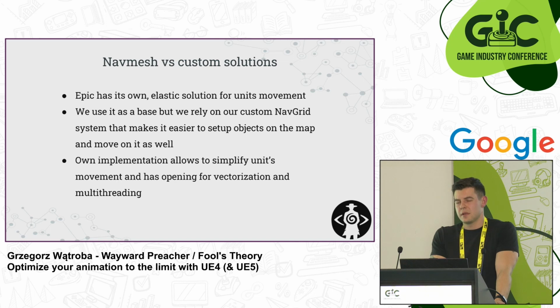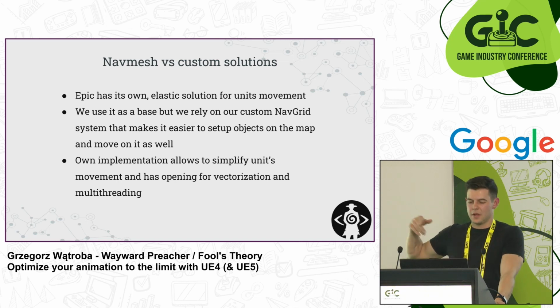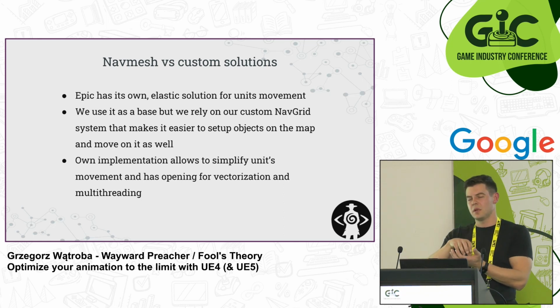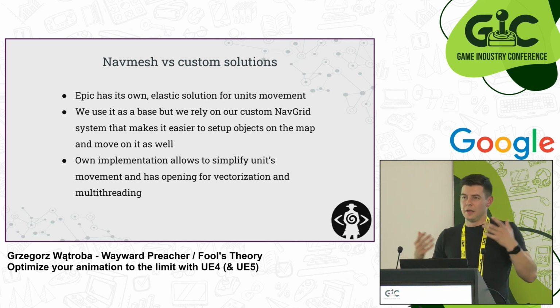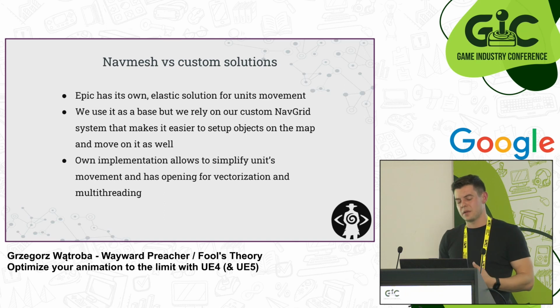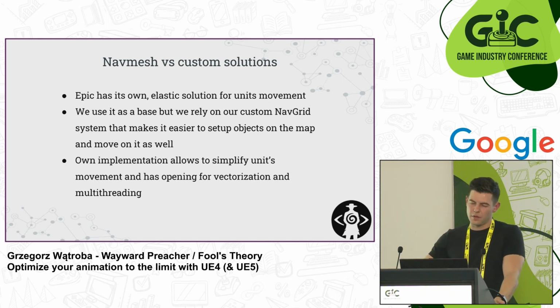And since it's a grid, we can also simplify it to a simple table that can be utilized in the A-star algorithm to get, for example, multi-threaded optimizations or GPU optimizations. So using this grid, although it has some calculation overhead, actually makes life easier both for designers and for us as well.